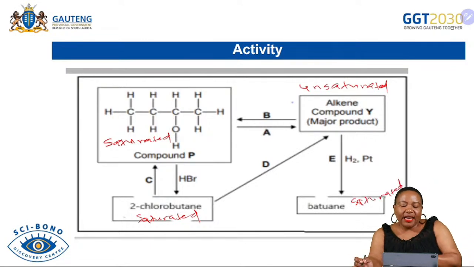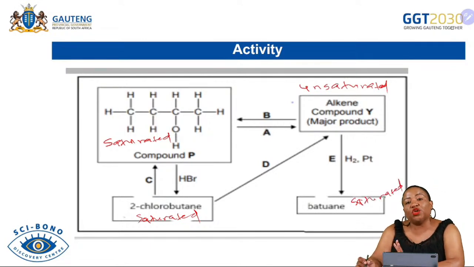Then after identifying them as either saturated or unsaturated, you are now going to identify reactions A, B, C, D, and E. How do you do that? You will firstly look at the first one, compound P. We said compound P is saturated. So reaction A is from a saturated compound and it is forming an unsaturated compound.